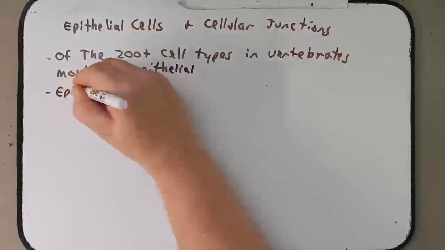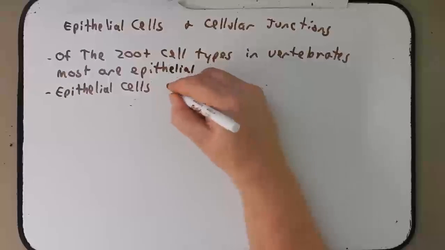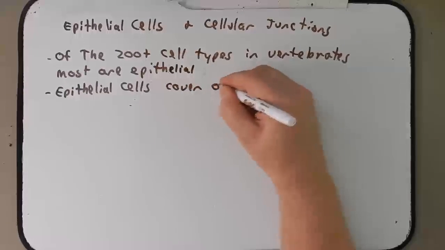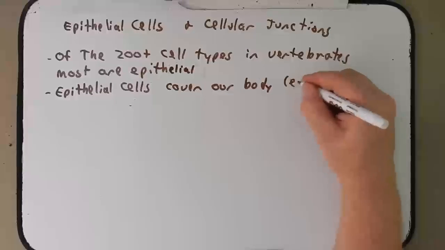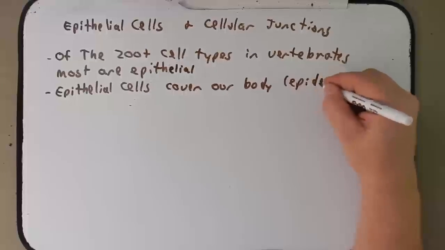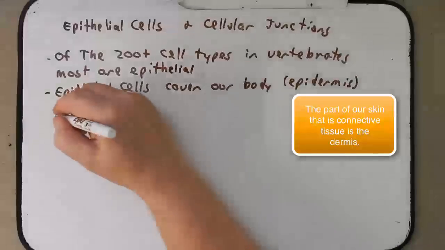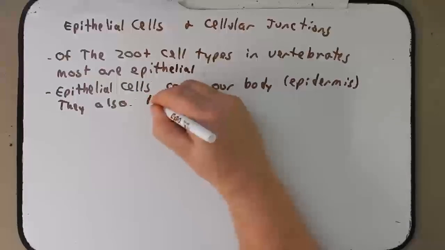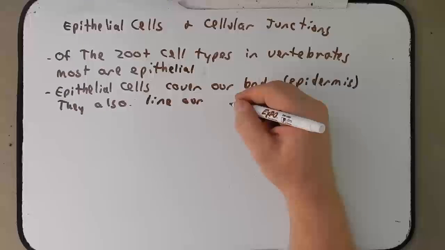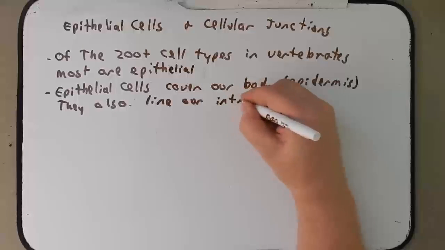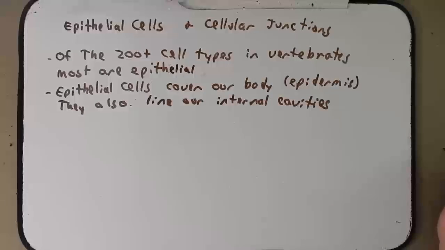Epithelial cells cover our body as they are the epidermis of our skin, the outer covering of our skin. They also line our internal cavities. So our blood vessels, our respiratory system, our digestive system, any of our cavities are lined with epithelial cells.